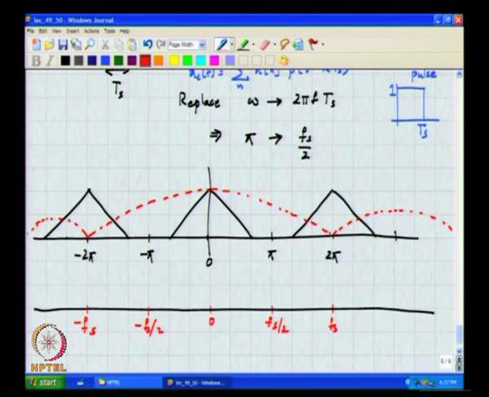On the other hand, if you had the so called return to 0 pulse, what happens to the spectrum now?